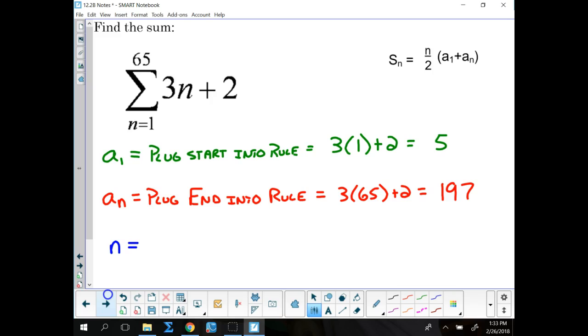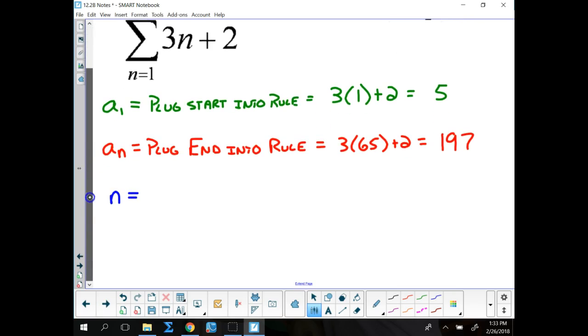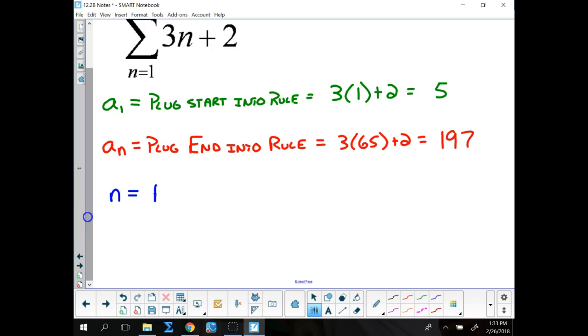Now, the all-important, how do I find the total number of terms? This one's a little trickier. You might not remember it from last year. I take my end and I subtract off the start, and one more thing.